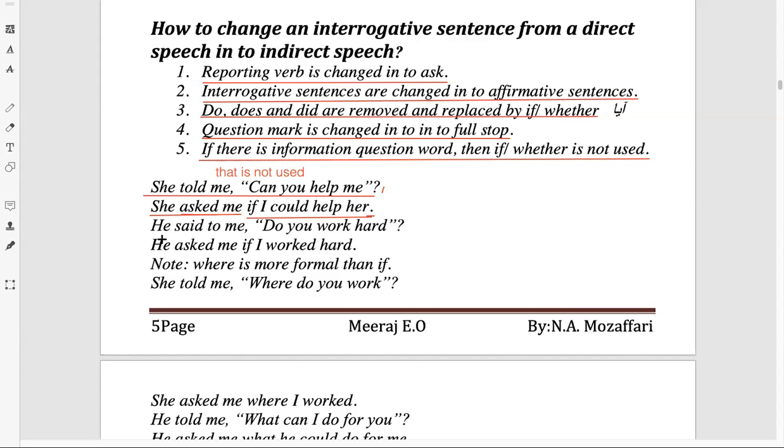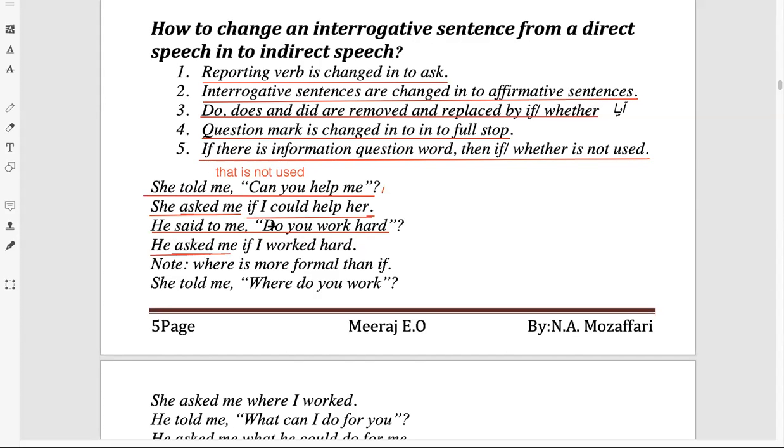Look at another example. He said to me, do you work hard? First, said is changed to asked. The reporting verb is changed to ask. He asked me, so here do, does, and did are removed.